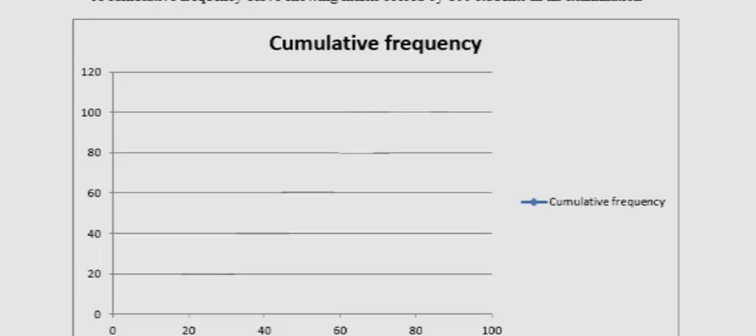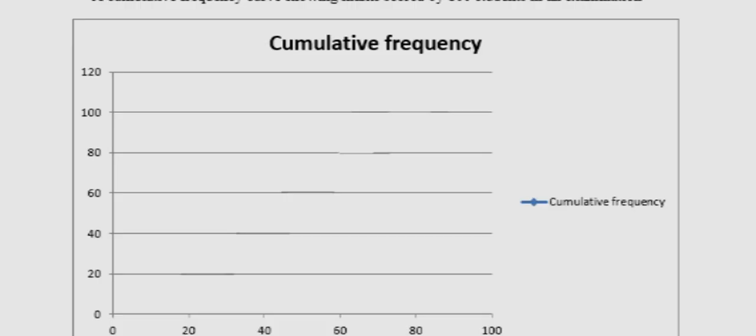Because students normally underrate those questions, they feel it's just a common drawing, so they overlook certain things. But in the first place, before you draw a cumulative frequency curve, you need the cumulative frequencies, and you illustrate that on the vertical axis. And then the upper class boundaries on the horizontal axis. Then what should the students do?